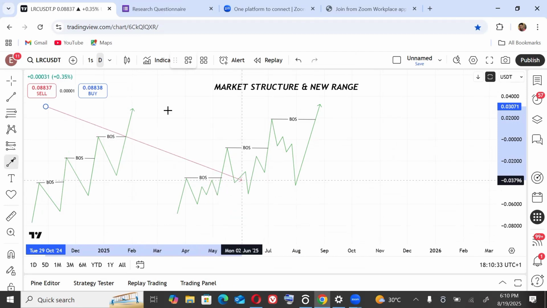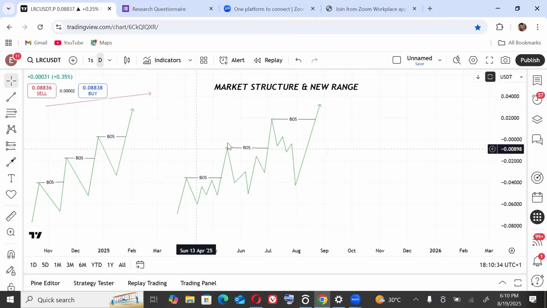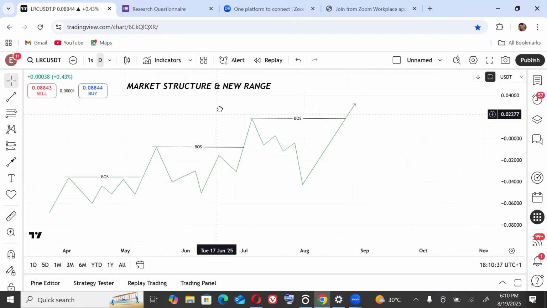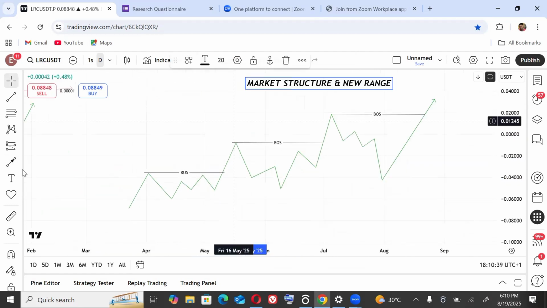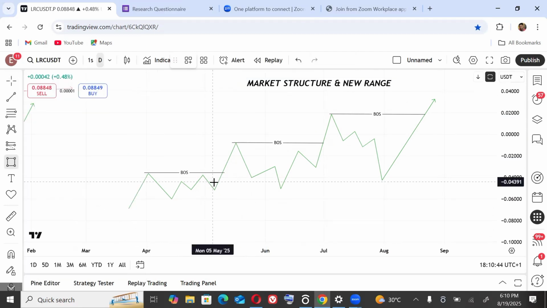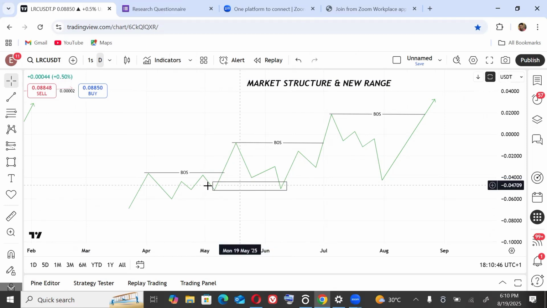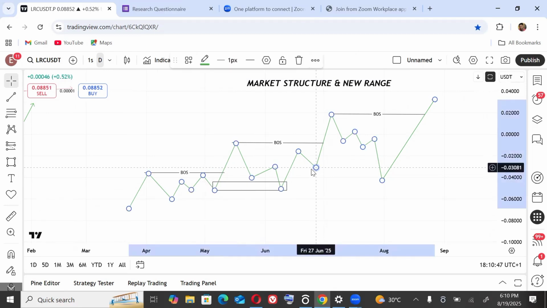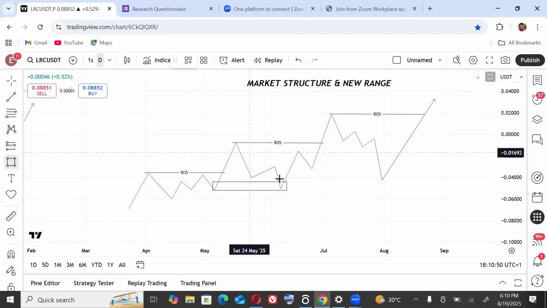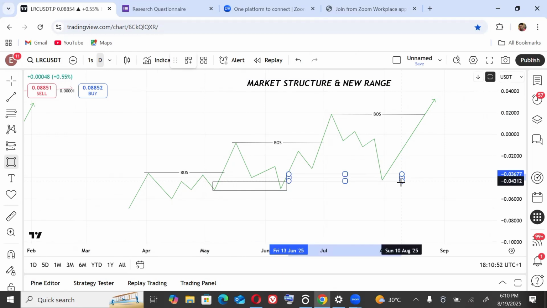I'm going to explain. Right now, at this point, this is another block right here. This is another block. You see how price reacted from it, right? From this point again, you see how price reacted from it.